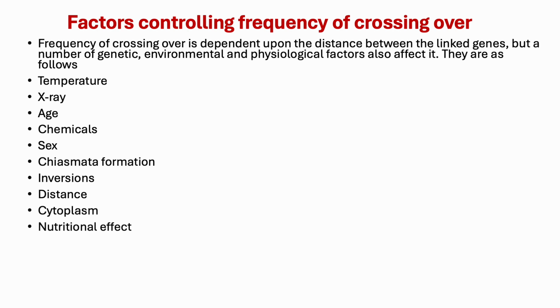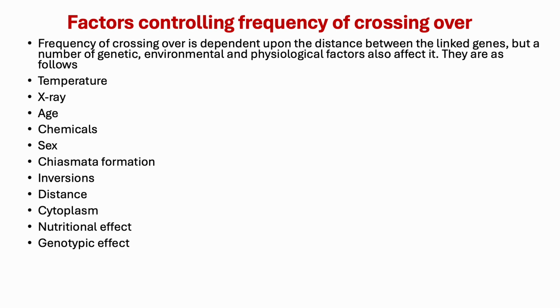Then the nutritional effect. Crossing over frequencies between the same loci in different strains of the same species show variations because of numerous gene differences. Then the metallic ions such as calcium and magnesium are affected. The concentration of these ions also affects the frequency of crossing over.